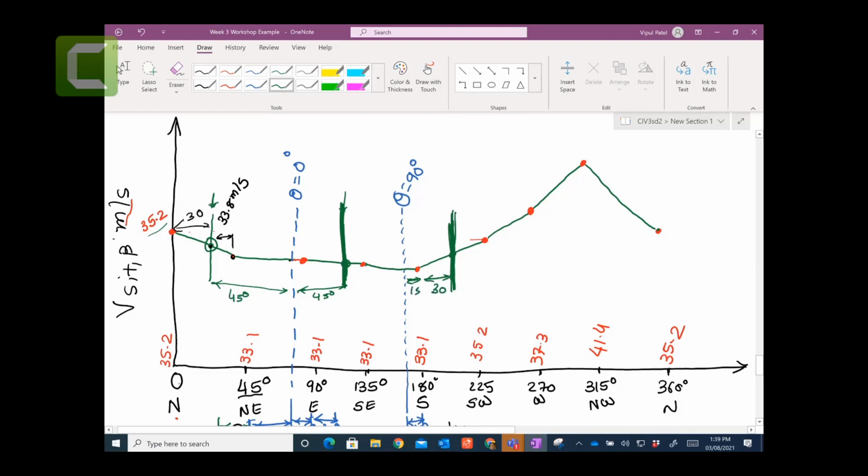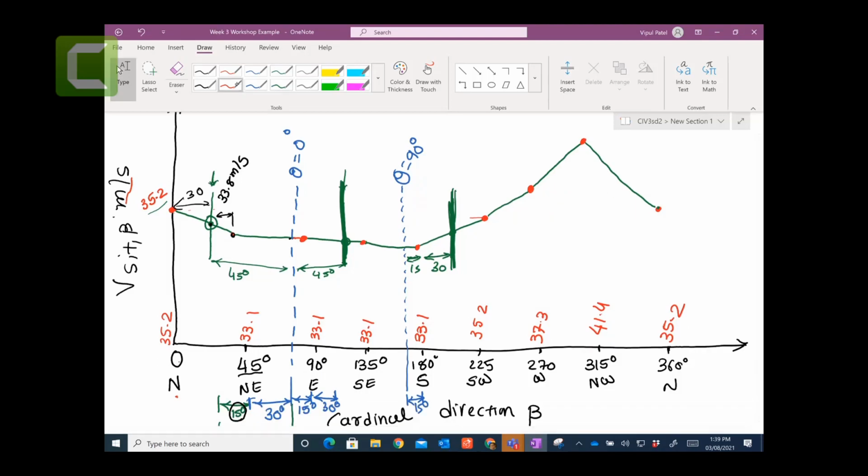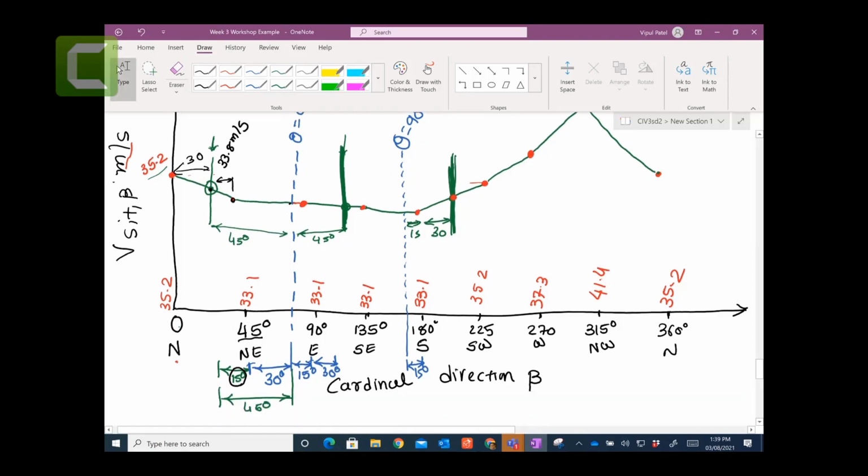And that is the remaining one. So we need to calculate this red one here, because that is the maximum velocity that we get. So here we're going to do the interpolation between this 180 and this 225, and it's going to measure 30 degree from 180, so we can calculate that.